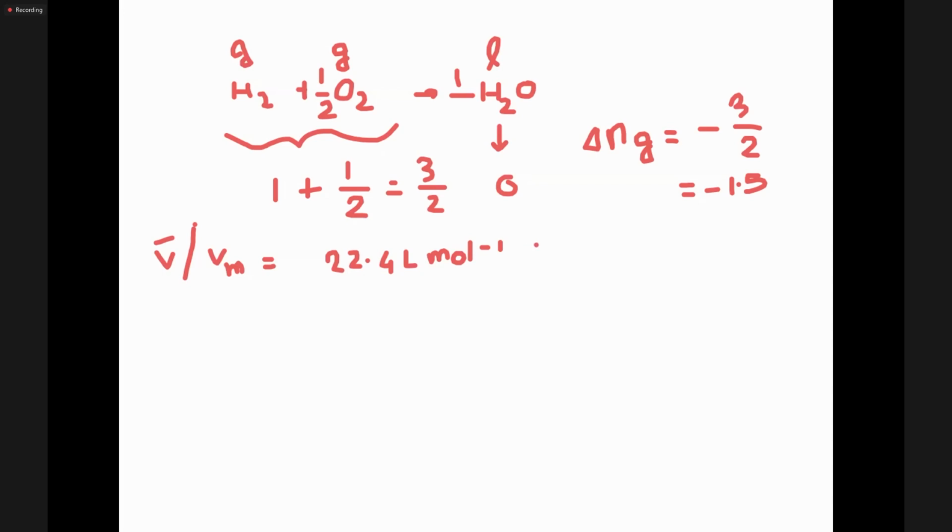at 25 degrees Celsius as V varies as T. Since V varies as T, we will calculate the volume V2 by V1 will be equal to T2 by T1.